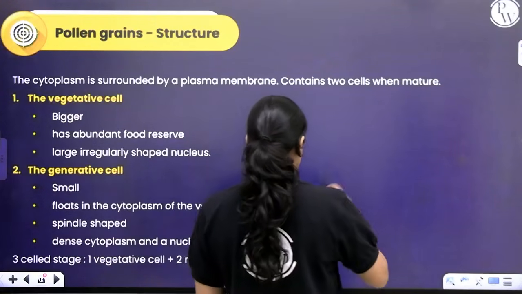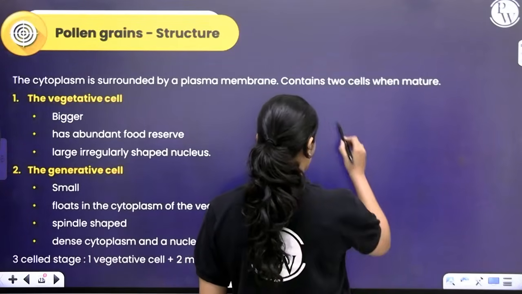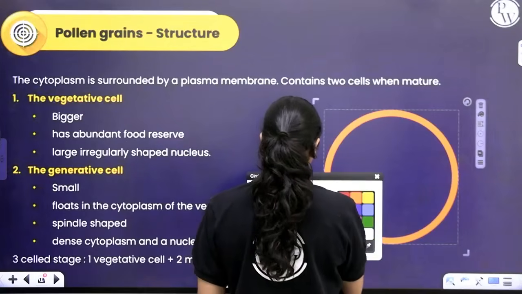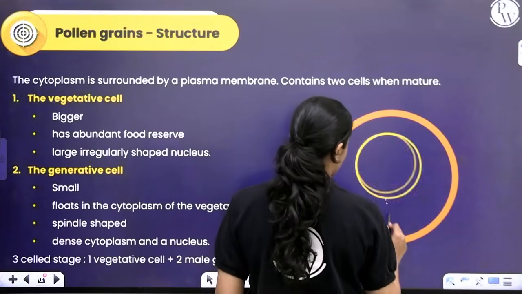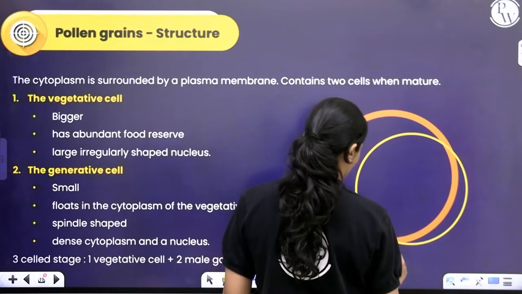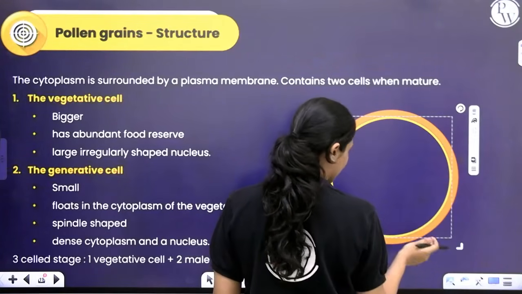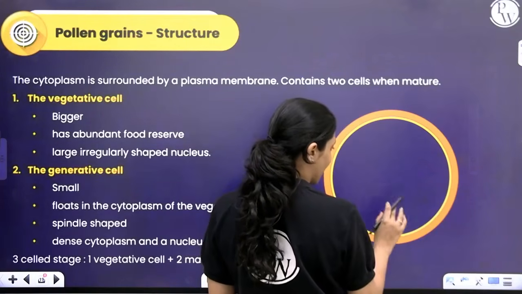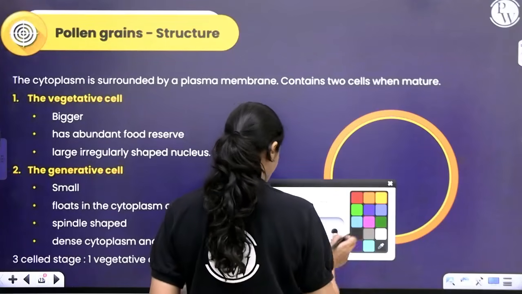But the two-cell stage of pollen grain is not its mature stage. The pollen grain will have three cells in its mature stage. I told you that the pollen grain is the male gametophyte. That means it should produce male gametes. But so far, I haven't labeled any part as the male gametes.